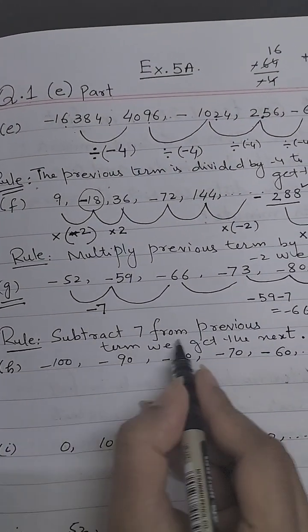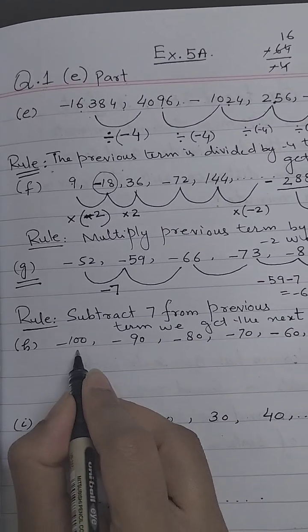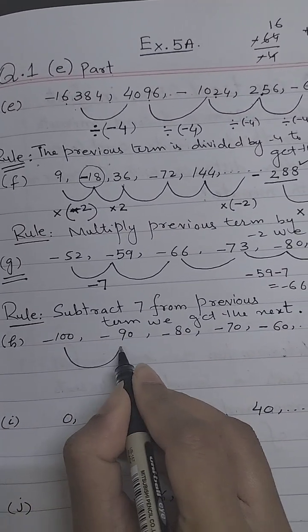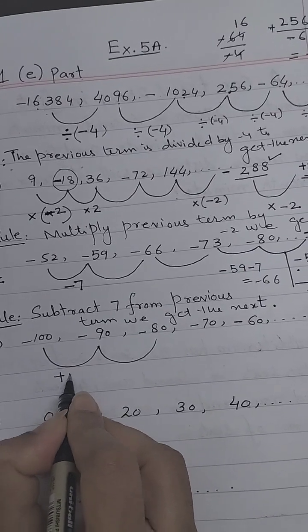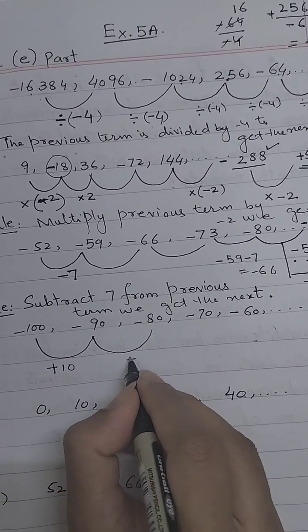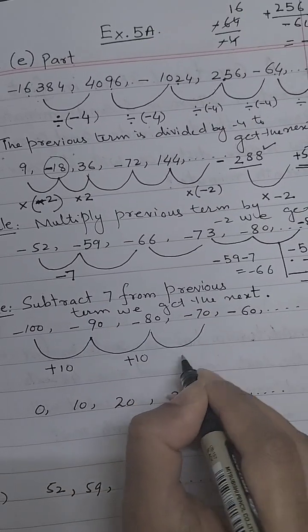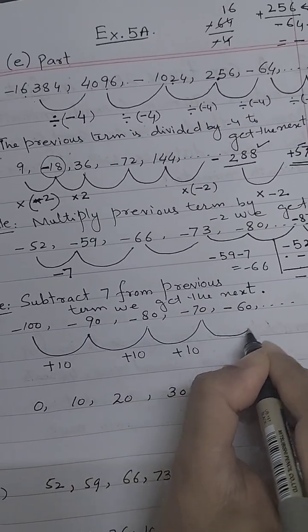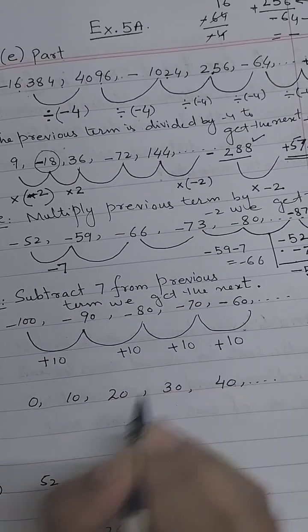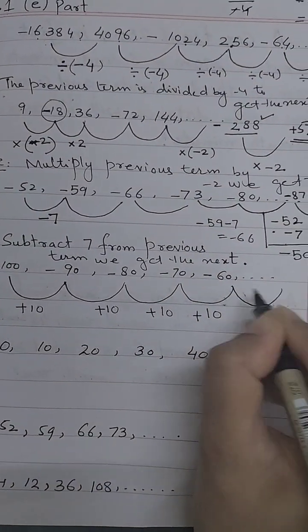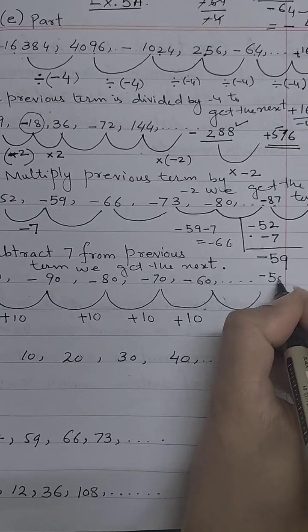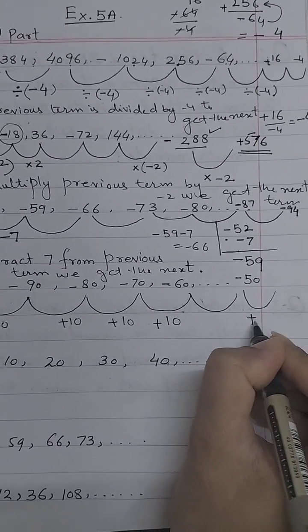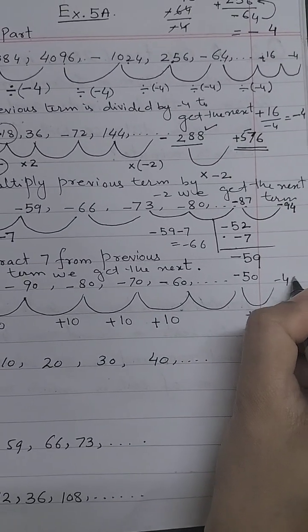When we talk about this H part of the question, just look at the question. Like over here, 10 is added in it to get the next term. And this is the pattern of the question. When we add 10 in it, we get minus 50. When we add 10 in it, we get minus 40 from here.